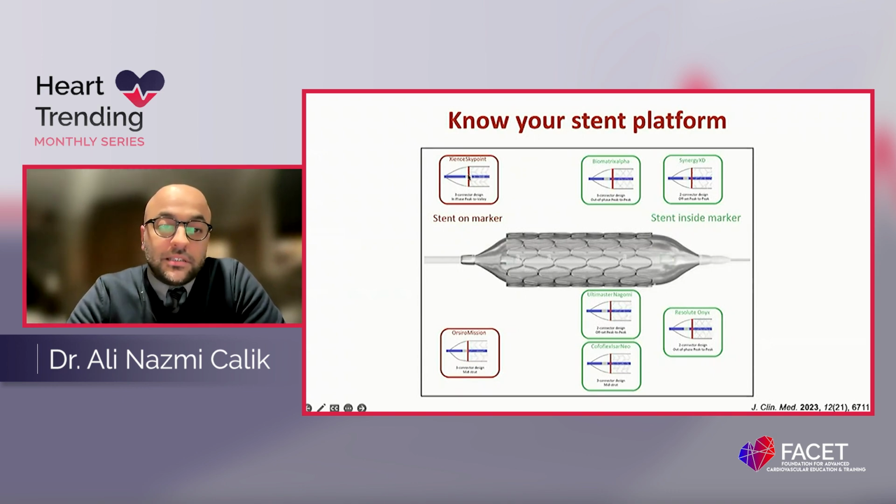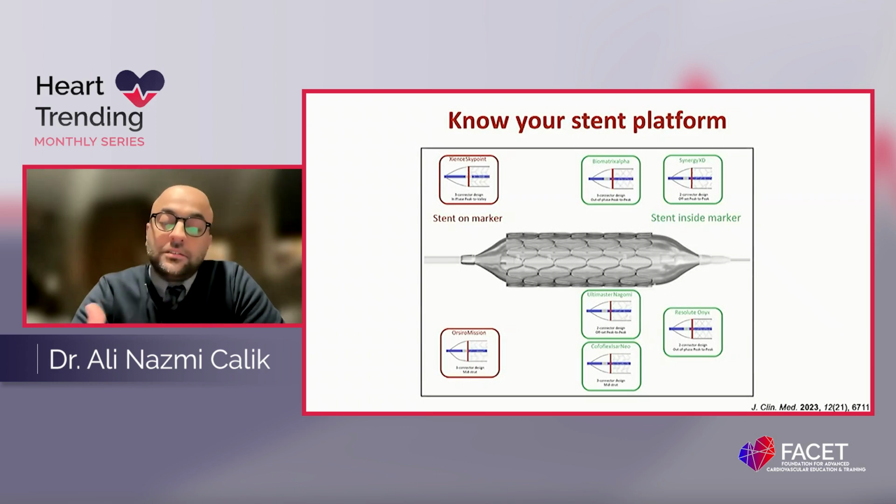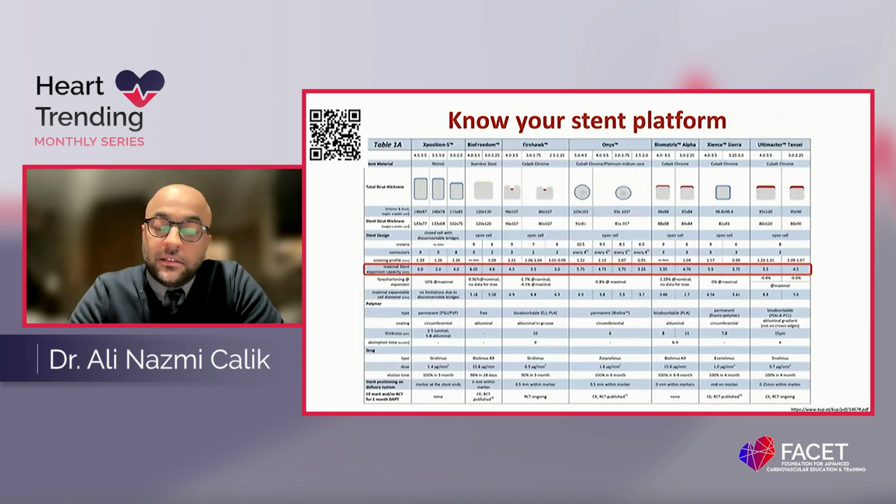For example, in some designs the stent edge is in the middle of the radio-opaque marker, but with the Resolute Onyx stent on the right-hand side, you can appreciate that there is about 1 millimeter distance between the radio-opaque marker and the stent edge. This is important, particularly while we are trying to deploy our stents in a TAP fashion or in ostial lesions. That's a very important slide, actually.